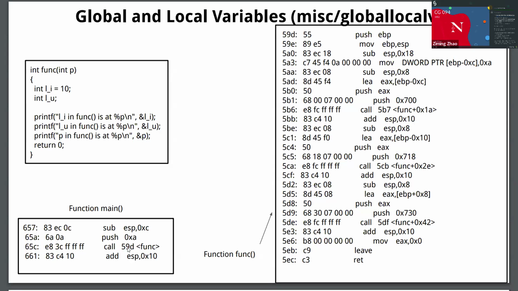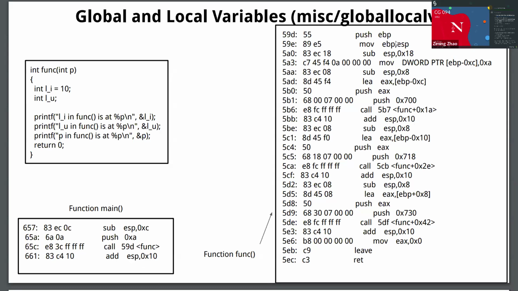However, before it does that, it is the main function's job to push the parameter onto the stack. That's why before that there is a push A in hex. A in hex is basically 10, because main has a func(10) there, if you remember the C code.